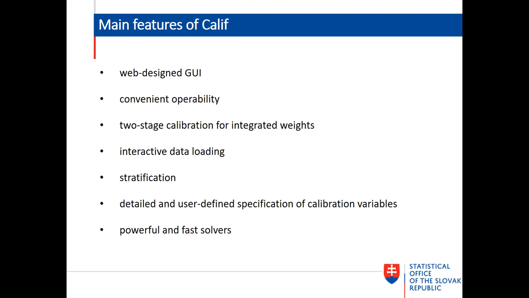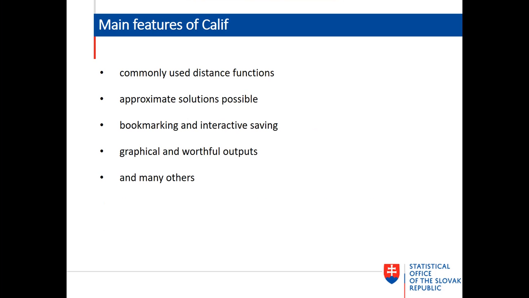In the main window of Calif, we can specify the calibration variables necessary to perform the calibration itself. It contains two powerful and fast solvers and commonly used distance functions. And in contrast to some other calibration tools, approximate solutions are also possible.